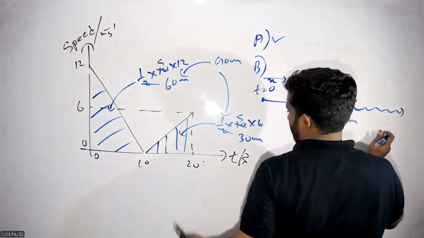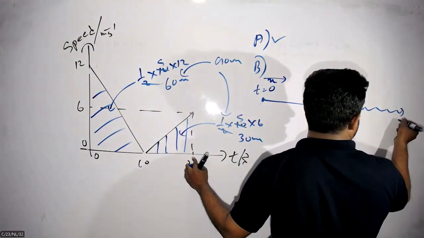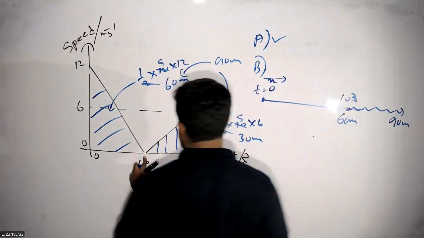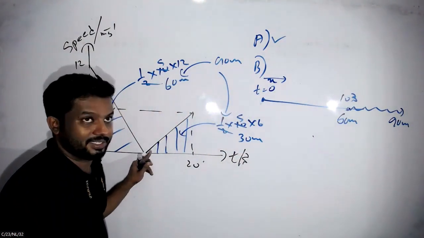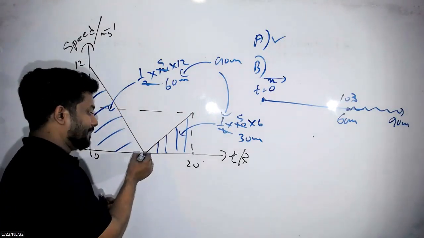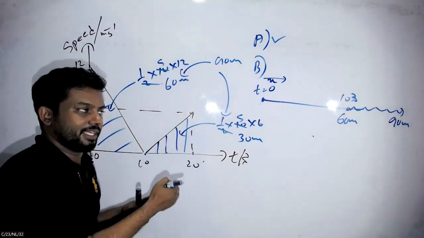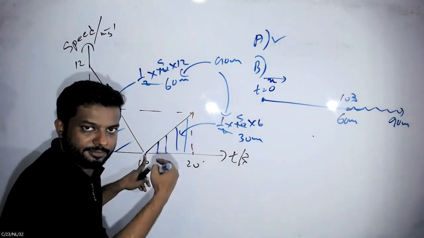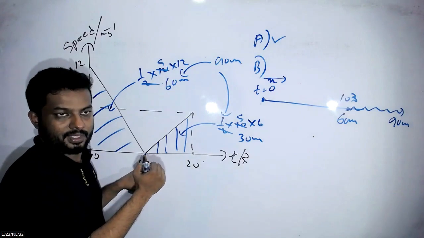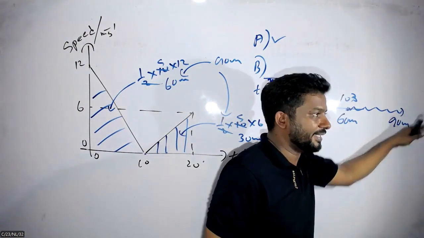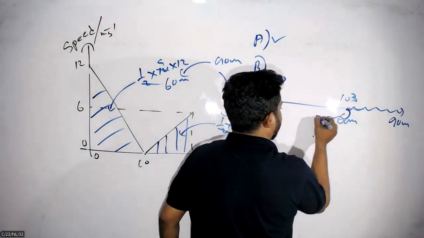Then it will move another 30 meters. Then the final displacement is 90 meters. And also, this object can increase its speed towards the opposite direction. That means it can increase its speed from 0 towards the same direction or towards the opposite direction.